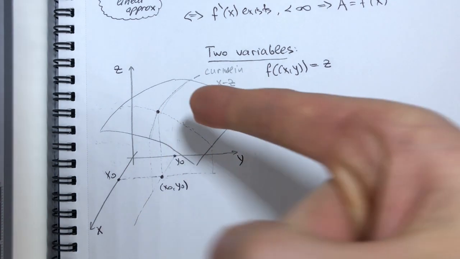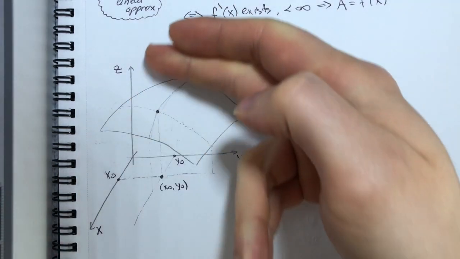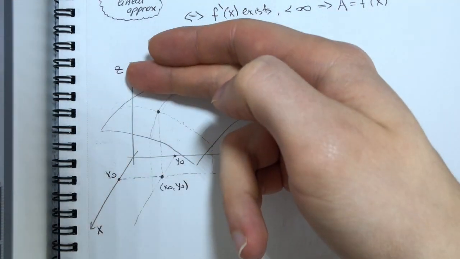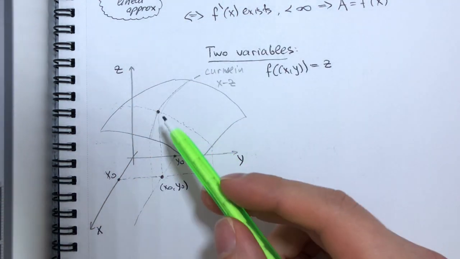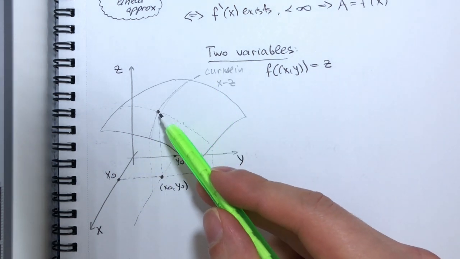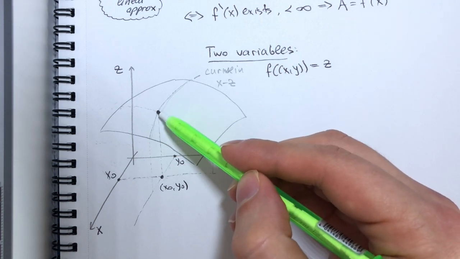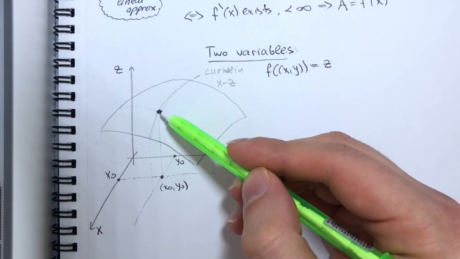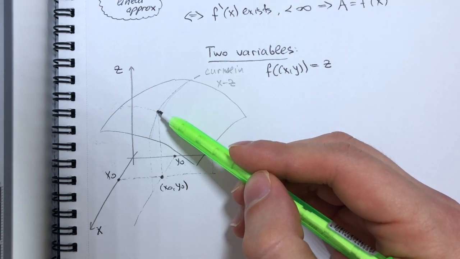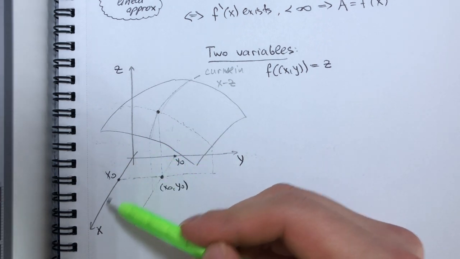So if you look at this curve from this direction, it will be flat and it will be on a plane, right? So we can apply single variable calculus to it, and the derivative of this curve at this point will be our partial derivative with respect to x, because y is fixed and x is allowed to vary.